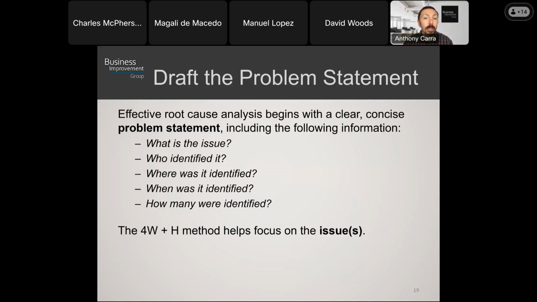And then, how many were identified? This goes back to the VOE question. If I could demonstrate how frequently this occurs or how many units were included, now I have something measurable that serves as my baseline level of performance before the CAPA.